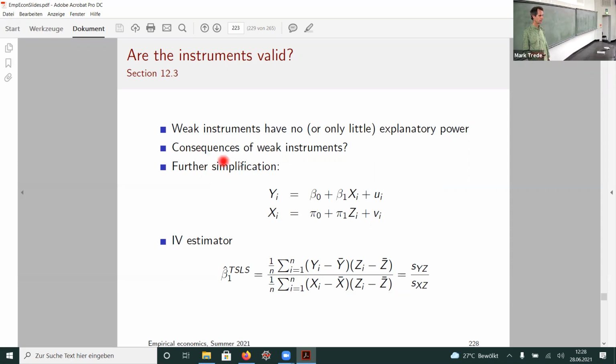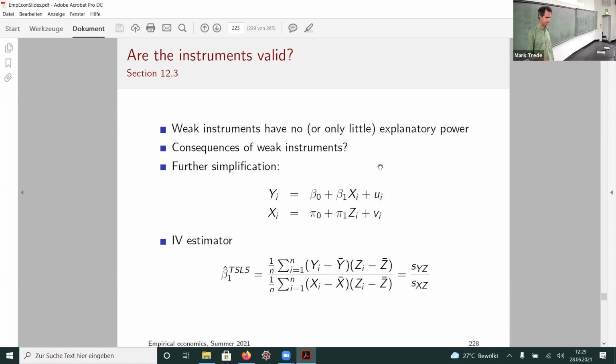So let's ask, what are the consequences? Suppose all these coefficients are actually 0. And we derived this formula in an even further simplified setting, where we only have one endogenous variable and only one instrument. That's where we started when we talked about instruments.